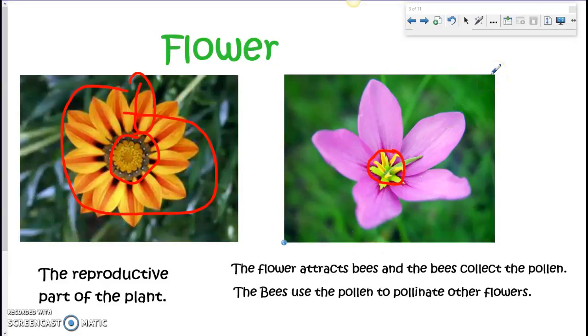And pretty much what happens is the bees will be attracted to the flower because of the smells and everything it gives off. And the bee will collect the pollen, which is the yellow stuff here in the middle. And it will take that pollen and go to other flowers and plants and pollinate those plants. And that helps the flowers grow. Okay, I'll give you a minute to write that down.